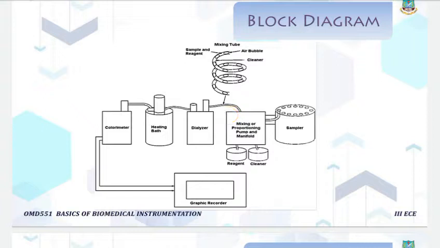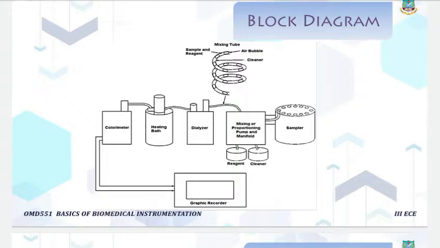So first the sample and reagent pass through the tube, then air bubbles, then the cleaner cleaning the tube, then air bubbles. This process will continue for the number of samples: sample with reagent, then air bubbles, then cleaner, then air bubbles, then again the next sample and reagent, and it goes on like that.